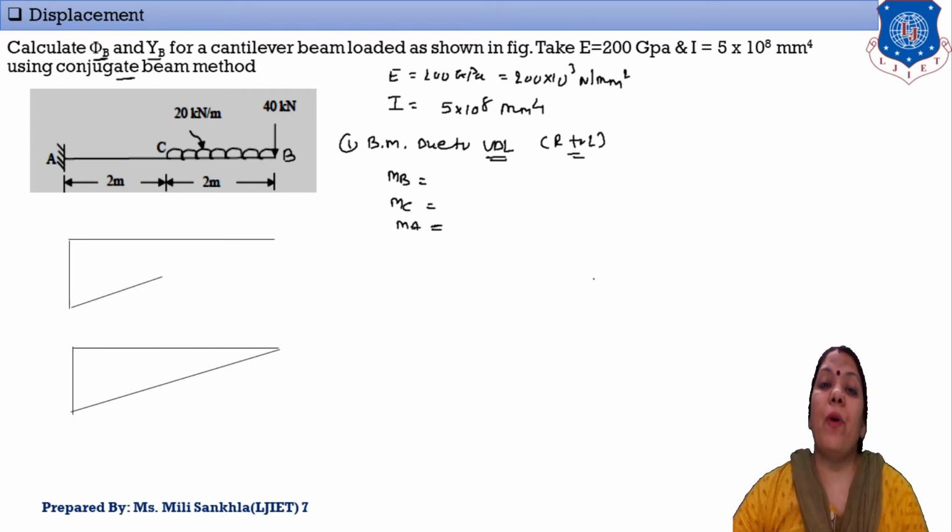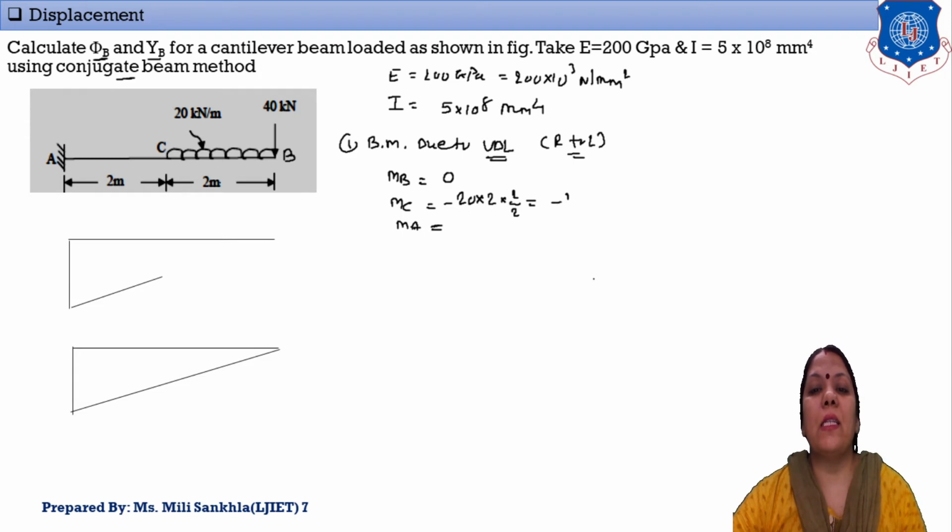Now at point B the UDL starts, so the moment MB is equal to 0. At point C, the moment of this UDL is equal to 20 into 2 into 2 by 2, that is 20 into the distance 2 meter, into 2 by 2. The 2s cancel, and the answer is 40 kilonewton meter.